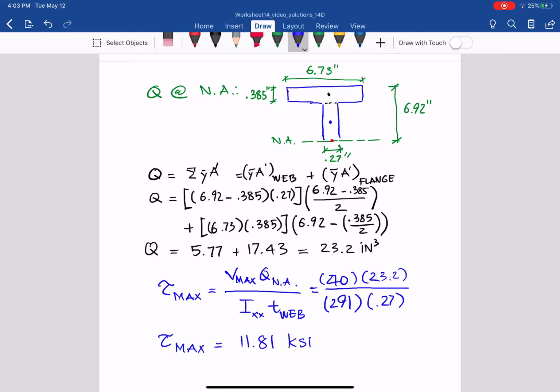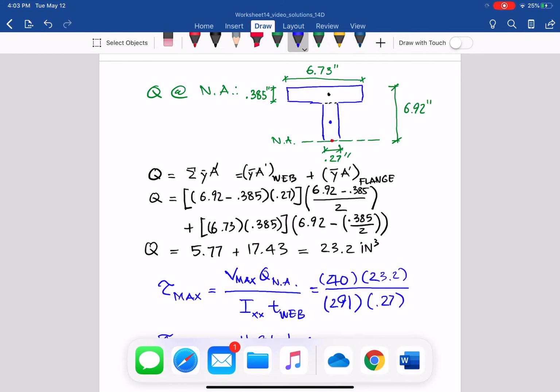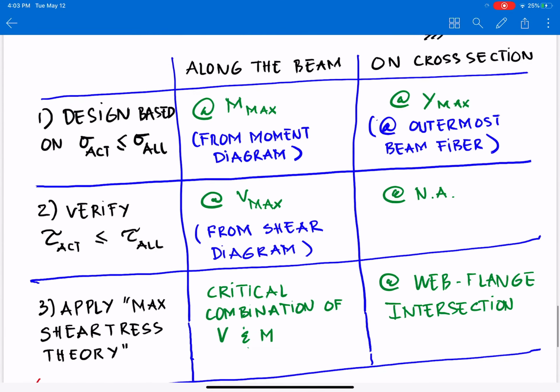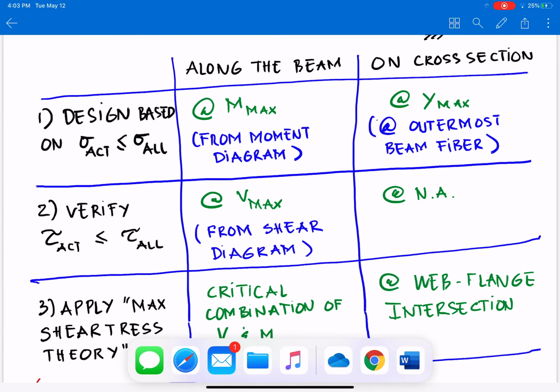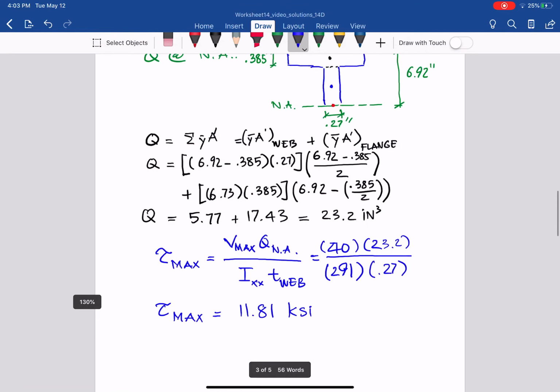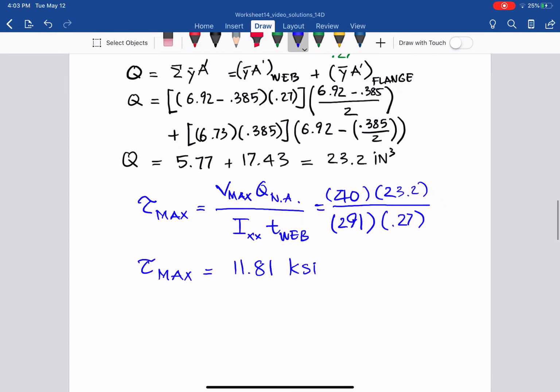So that tau max, we have to verify whether tau max is less than tau allowable. And you see A36 still, we know what tau is from the appendix. So as you can see here, we have verified the design after we find tau max. So verify or check the design that we have in step number 1 in here.